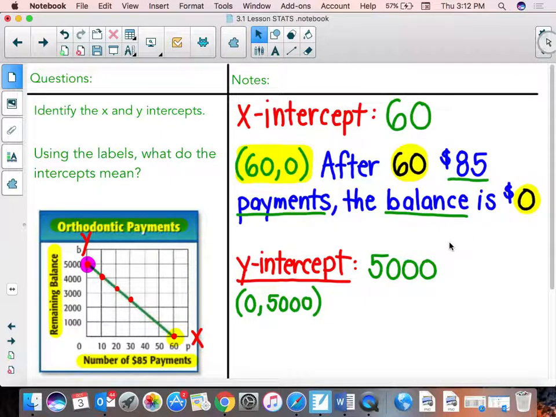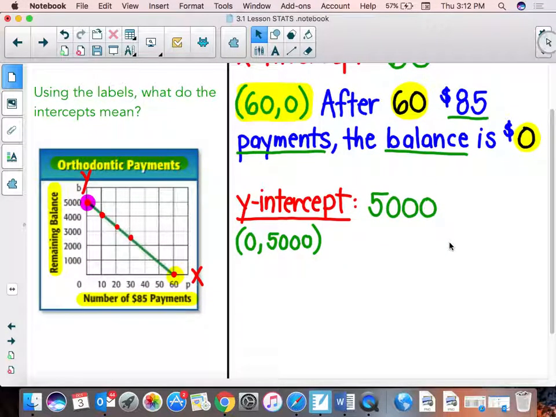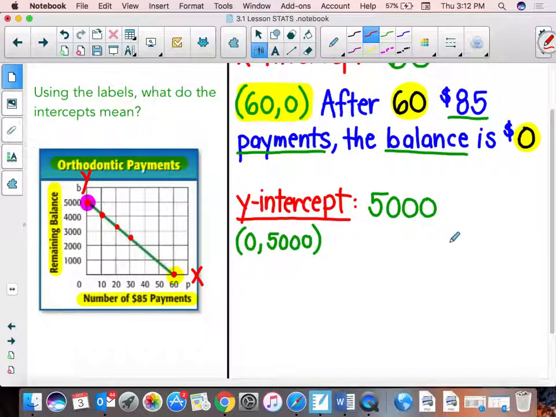All right, so the meaning of this, remember we're going to want to talk about the 0 and the 5,000, and we're going to talk about it in terms of our labels. So the 0 is our x, the 5,000 is our y. So 0 would be the number of $85 payments.